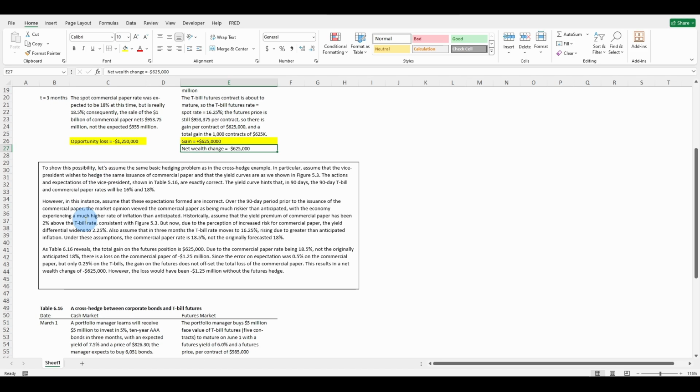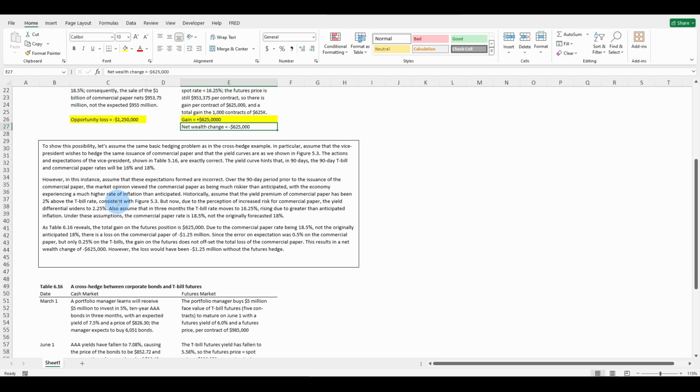The actions and expectations of the VP shown in table 516 are exactly correct. The yield curve hints that in 90 days, the 90-day T-bill and commercial paper rates will be 16 and 18%. However, in this instance, assume that these expectations are incorrect.